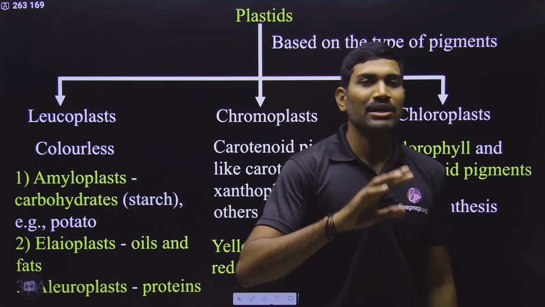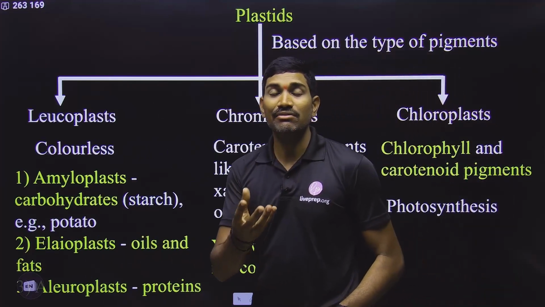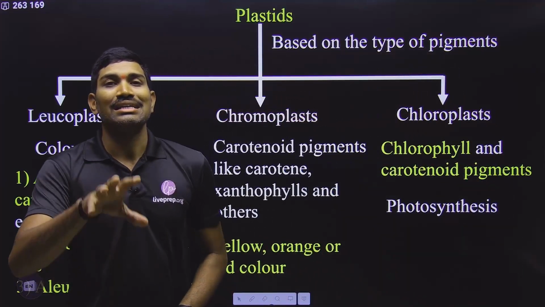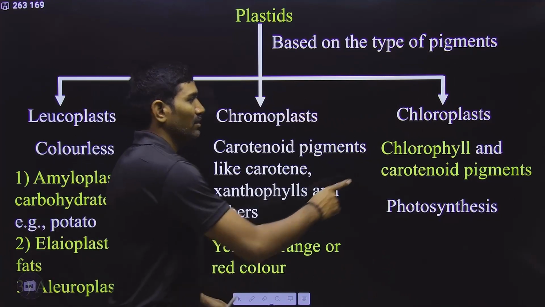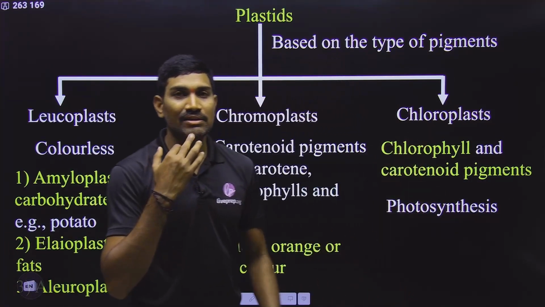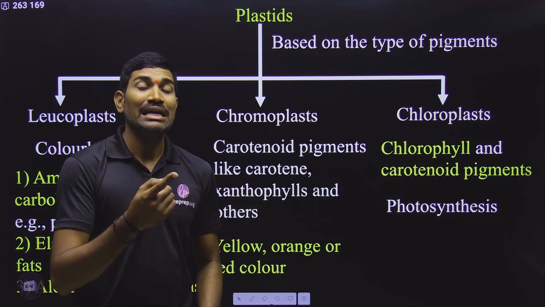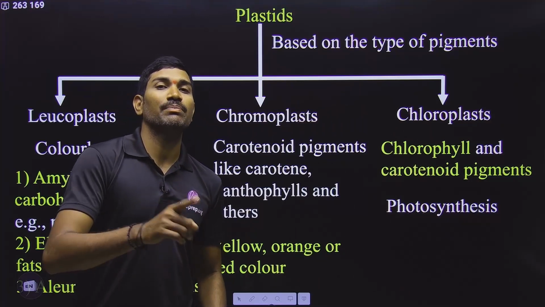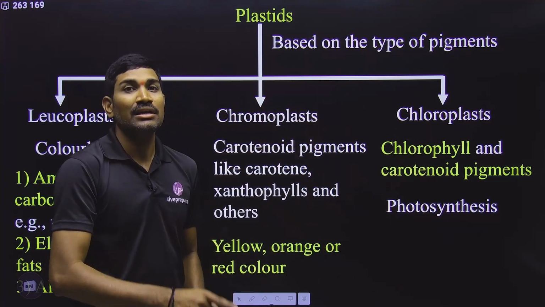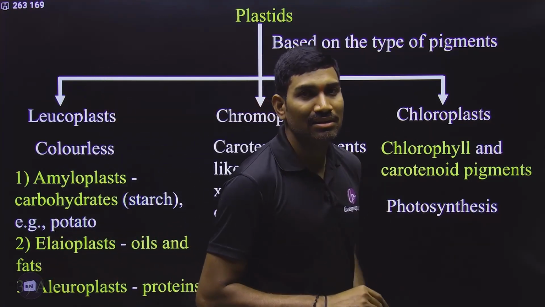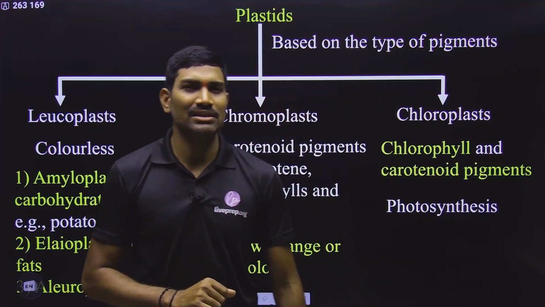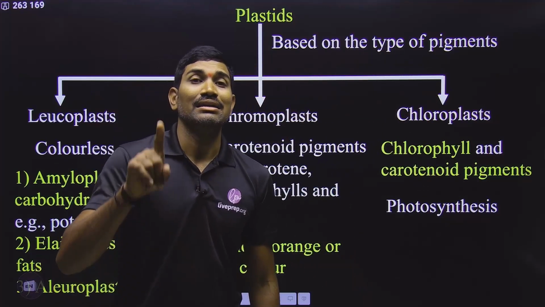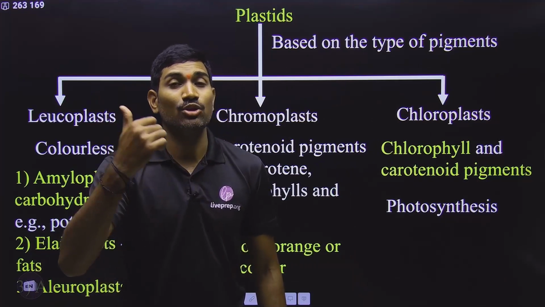Because sometimes, even though it is not mentioned in NCERT, some pigments are present even in the vacuole. If you observe yellow, orange, red, and in this case green, these are due to lipid soluble pigments present in the plastids. But if you observe pink, violet or blue colors in some fruits or flowers, those colors are due to pigments present in the vacuole.